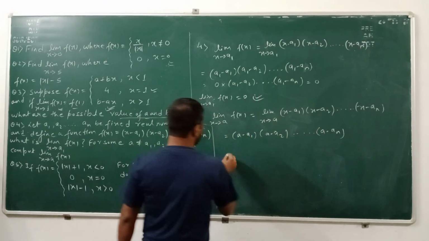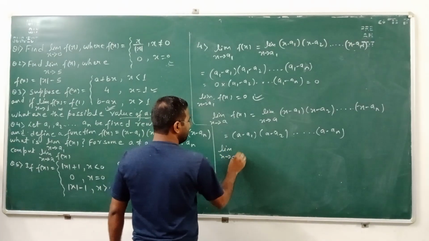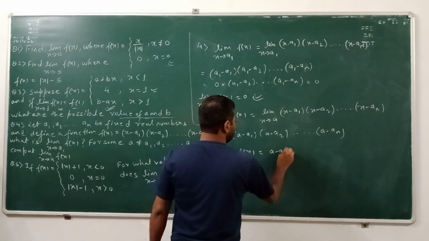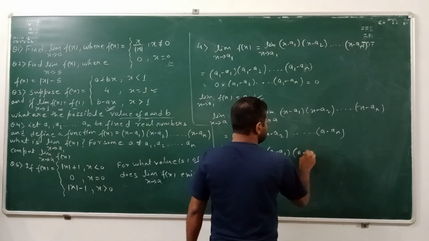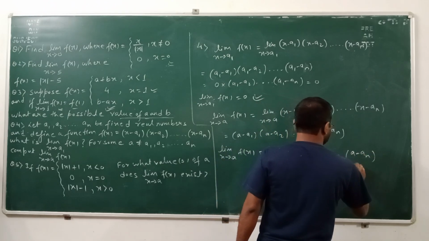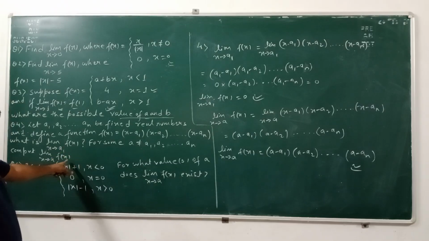So see here, the limit as x tends to a of f(x) will be (a minus a1)(a minus a2) ... (a minus an). So this will be the answer of the limit as x tends to a of f(x).